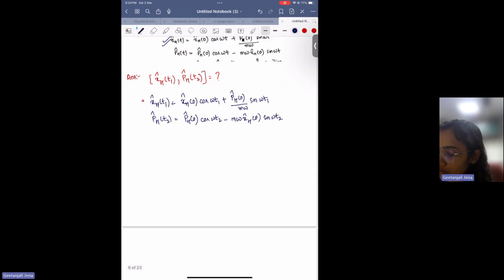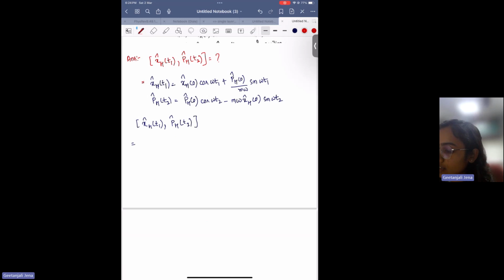Now what you have to do is just put the expressions in the commutation relation and solve it.